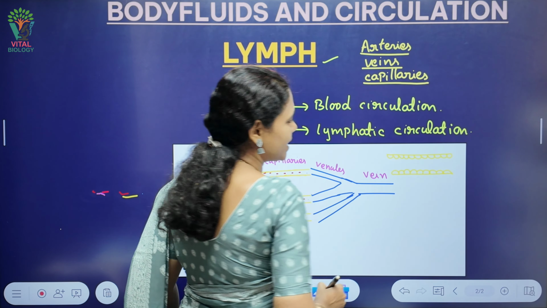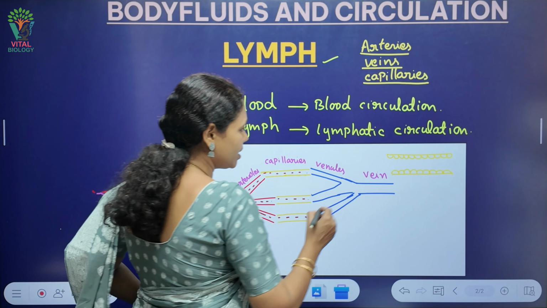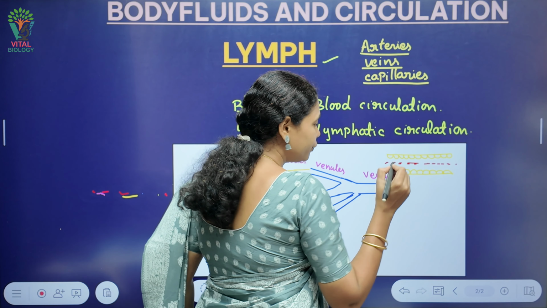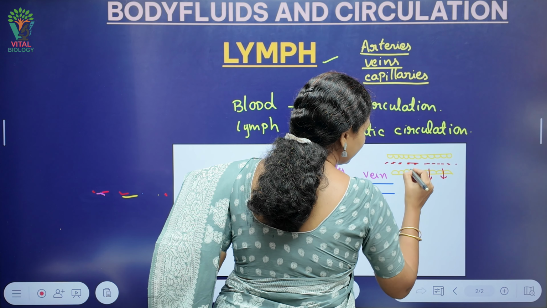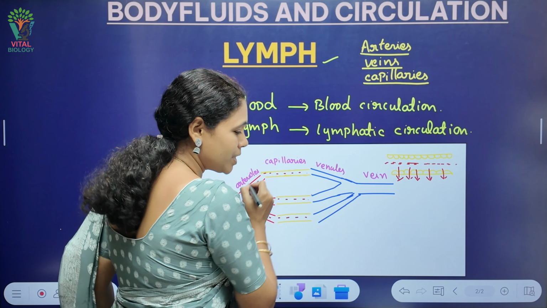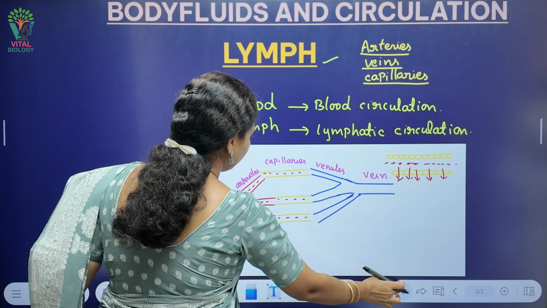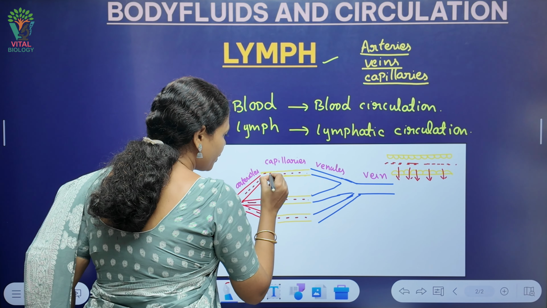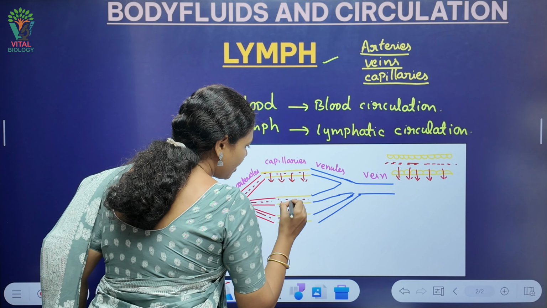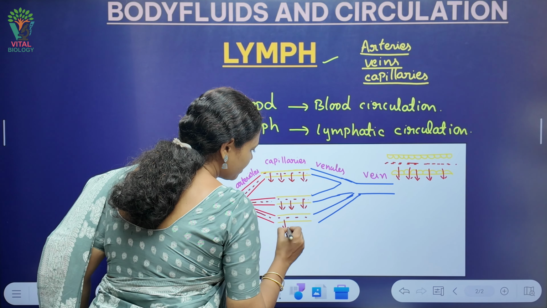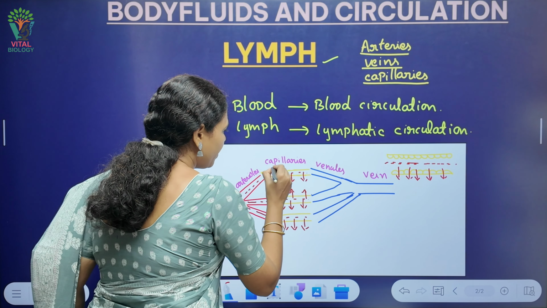That's why when blood flows through these capillaries, some amount of fluid escapes from the walls of the capillaries like this. In our diagram, that fluid flows into the surrounding regions of the capillaries, where the cells and tissues are present.